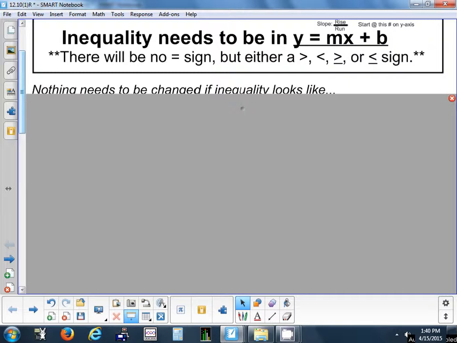On your sheet, you have something that says nothing needs to be changed if the inequality looks like this.